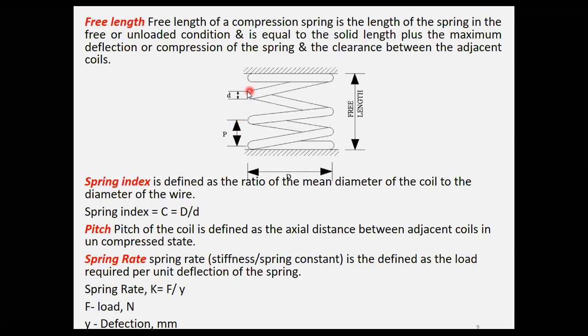Here you can see that whatever this small d is, this is nothing but the diameter of the wire. To find out the spring index, you have to take the ratio of the mean diameter of the coil divided by the diameter of the wire. That is capital D divided by small d. Spring index is denoted by capital C.